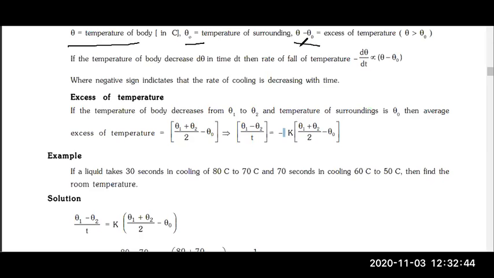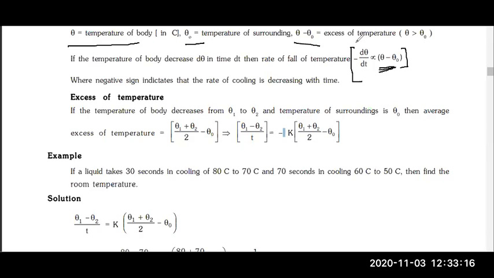Suppose after heat exchange, there will be another temperature theta, which will be the equilibrium temperature. So by Newton's law of cooling, I can say that the rate of change of temperature is directly proportional to this difference in temperature.